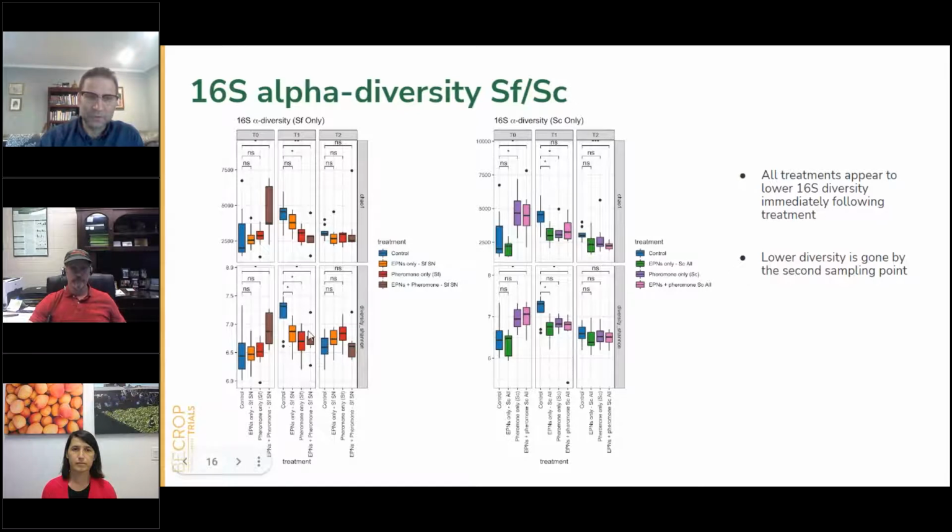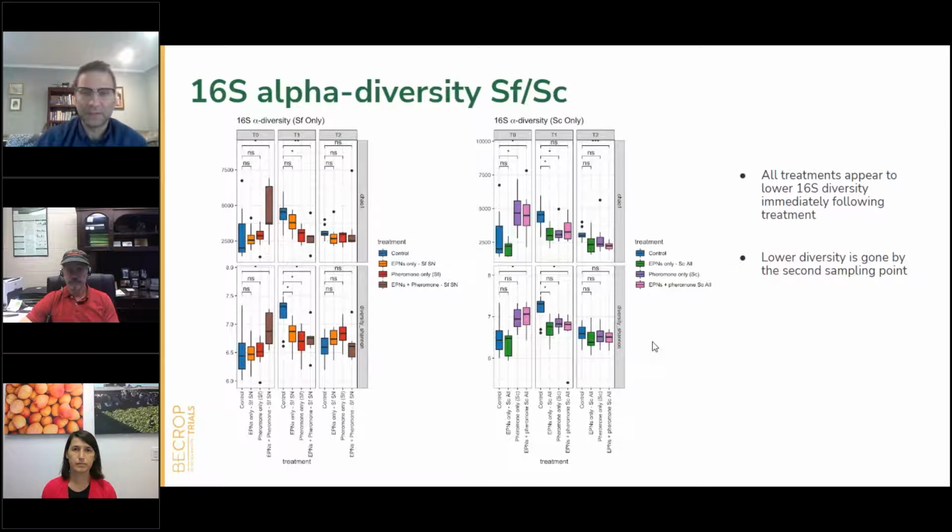We see this drop in diversity with both of these nematodes. But by the time we get out to the 4-week time point, T2, in both of these cases it's no longer significant. So within the first 2 weeks there's a little bit of a drop in this alpha diversity, but by 4 weeks, that has already gone.